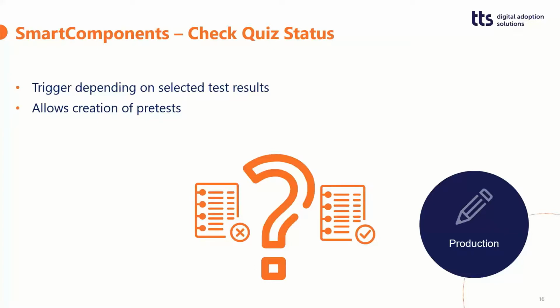And then you can say, okay, this section doesn't need to be worked on anymore because you know everything you need to know. And such pre-test creation is possible with that smart component.